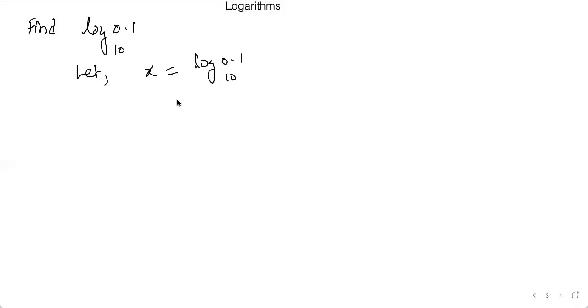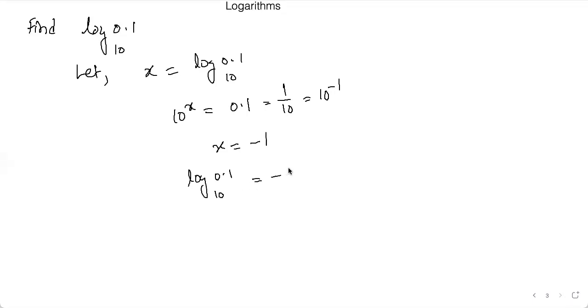Let us write this in an index form. 10 power x is equal to 0.1, right? Yes. Or 0.1 you can write as 1 by 10 or 10 to the power of minus 1. Fine. And x will be minus 1. So log 0.1 to the base 10 will be minus 1. Okay.